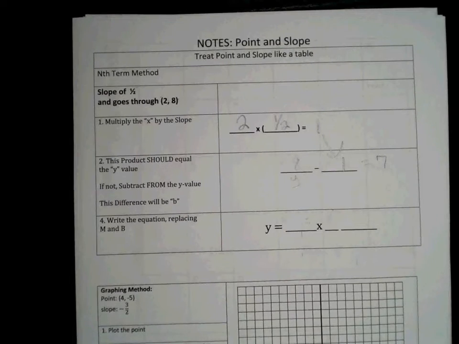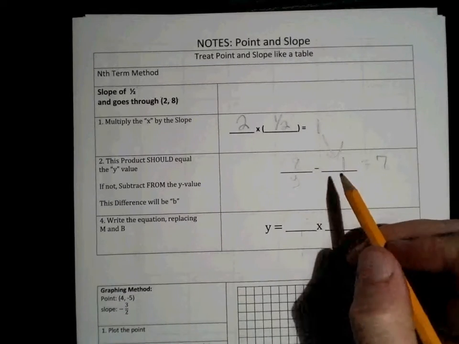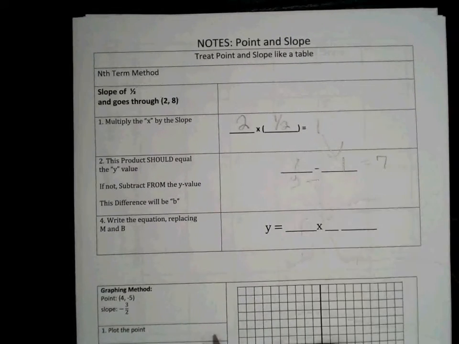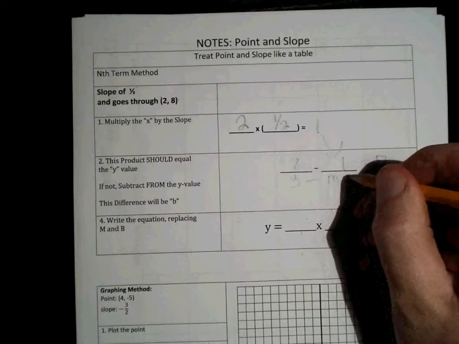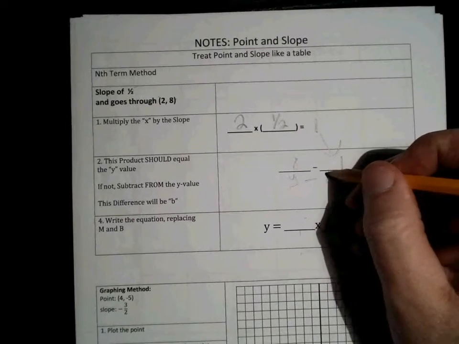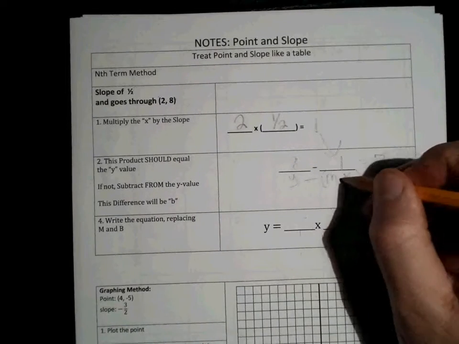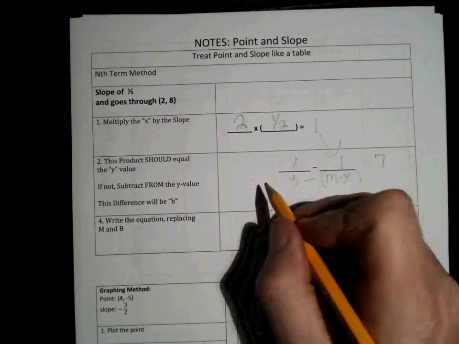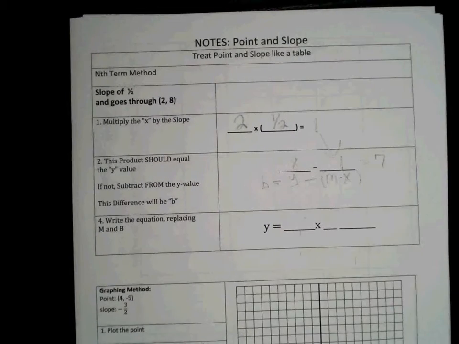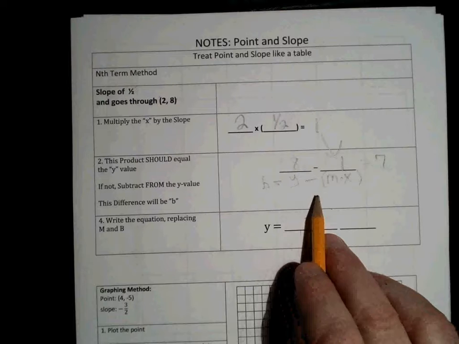So that brings us to how exactly we got to this 1. And I'm going to create a formula for it. We multiplied m times x, and then we're subtracting this product from y. So really, to find b, it's this simple formula. b is y minus m times x.